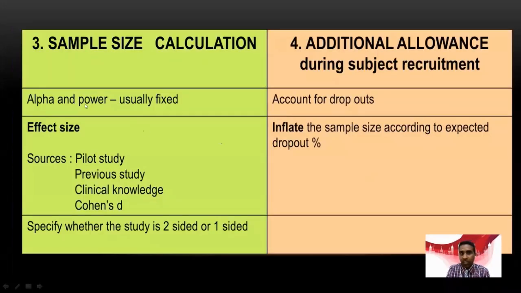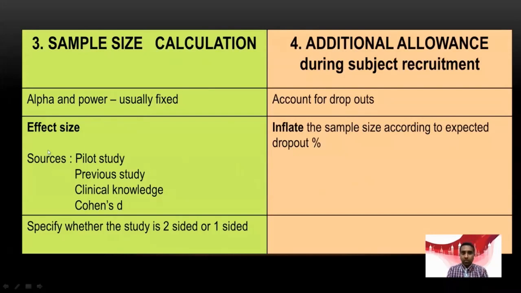And we have to give alpha and power. You can take it from the previous example. If it's a superiority trial or non-inferiority trial, give alpha 0.025 and power at 90%. Otherwise, you can keep the power between 80 and 99, and alpha between 5% and 1%.